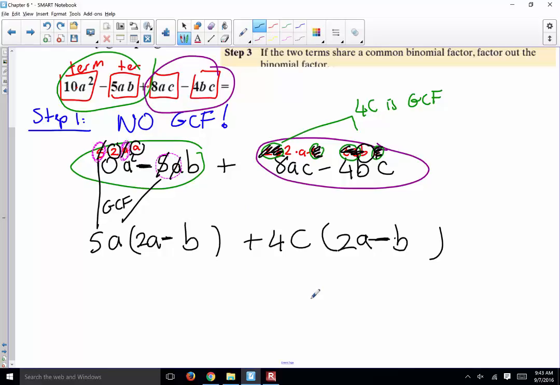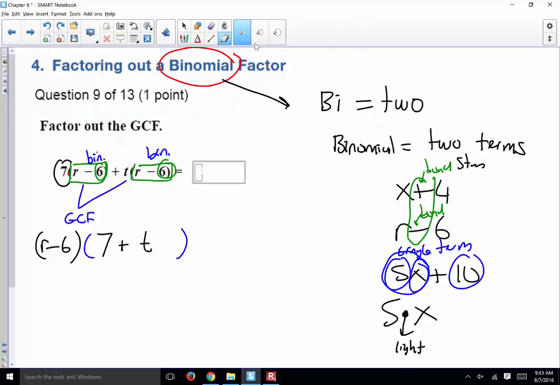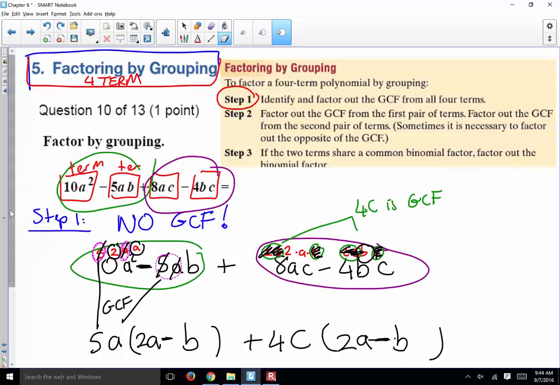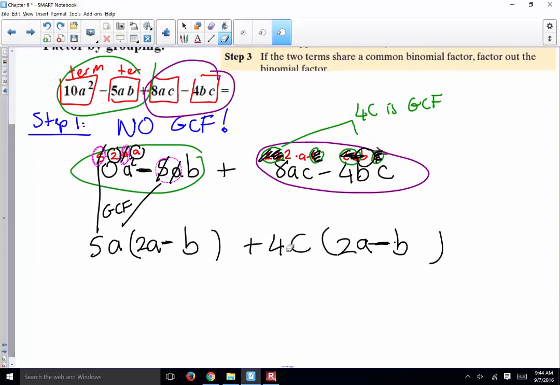Something significant on those groups now. I want you to refer back to this question. What did I do in this question? And look at what I created here. What's that? These parentheses are the same. Look. Match.